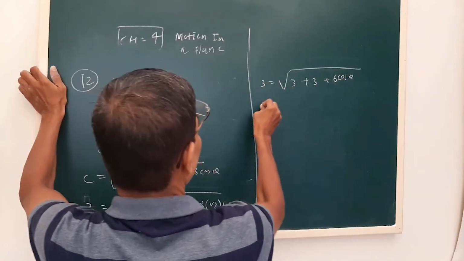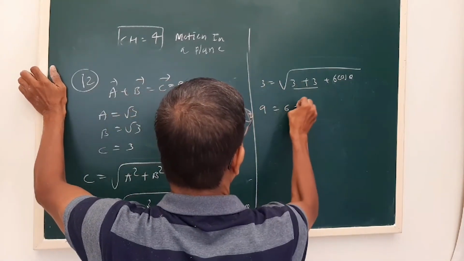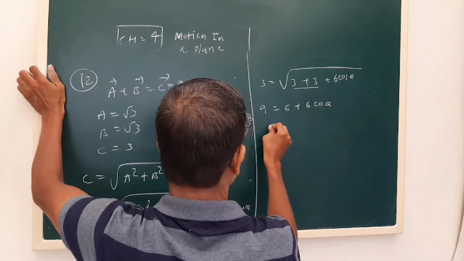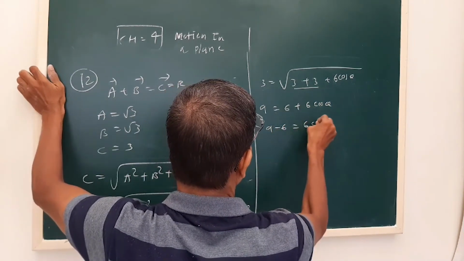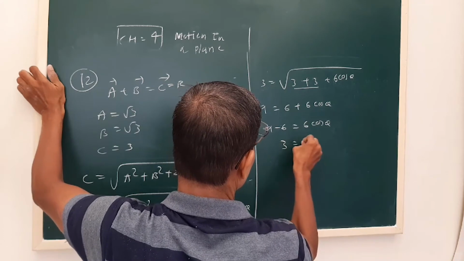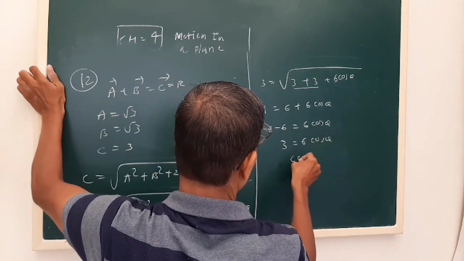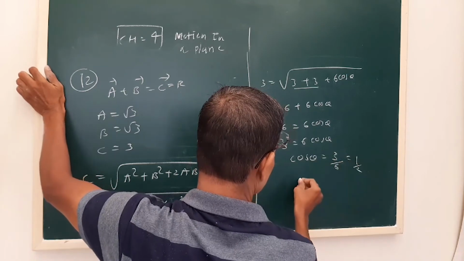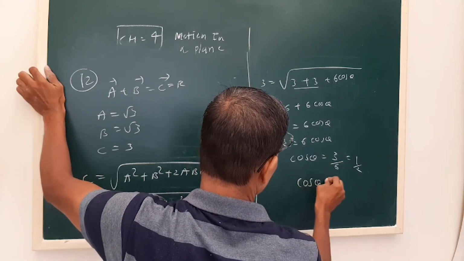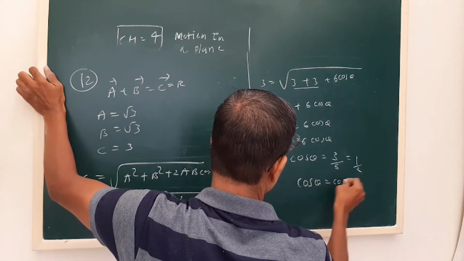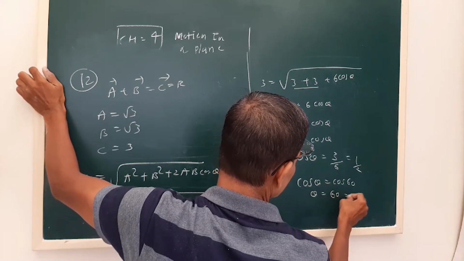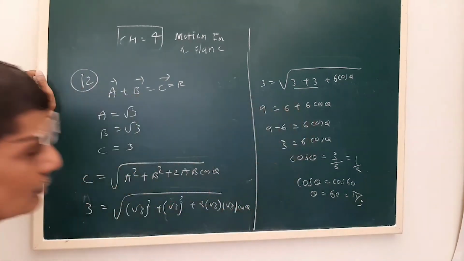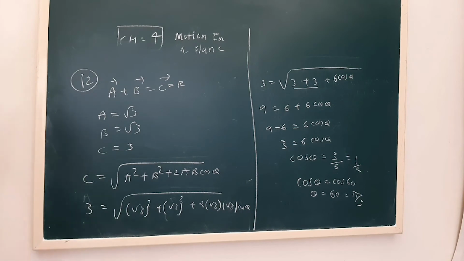Now if I take the square, okay, so 3 is equal to 6 cos theta. Cos theta is cos 60, or pi by 3. See, depending on the value given, we have to solve. Now, see the next question.